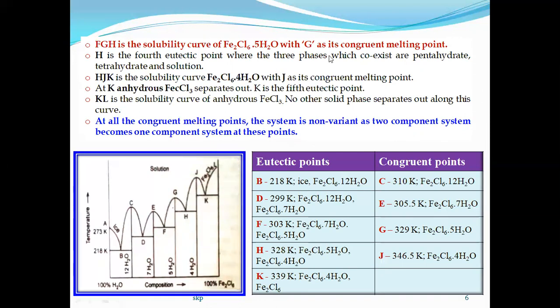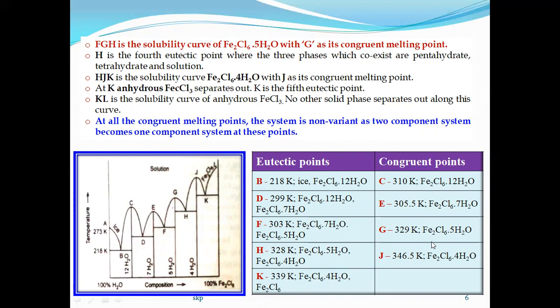So overall, in the ferric chloride-water system, there are five eutectic points present at different temperatures: point B is the eutectic point for ice and dodecahydrate, point D the eutectic point for dodecahydrate and heptahydrate, point F for heptahydrate and pentahydrate, point H for pentahydrate and tetrahydrate, and last, point K for tetrahydrate and anhydrous ferric chloride.